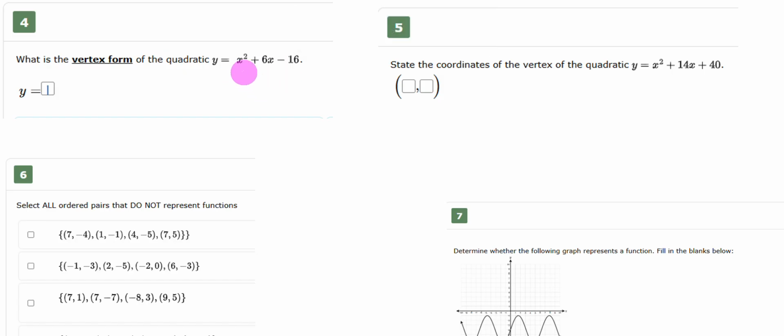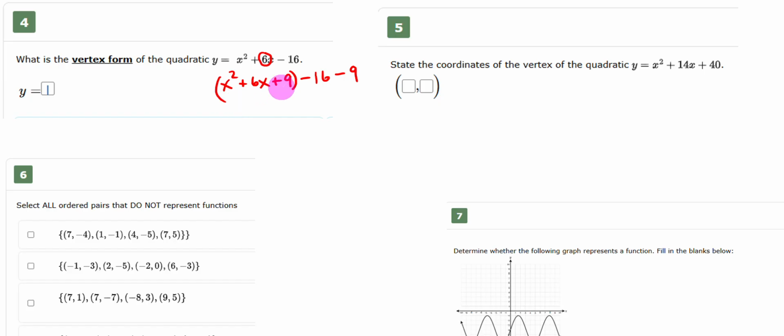Vertex form of this, we got to do completing the square. I'm going to take half of 6 and square it. So x squared plus 6x, half of it is 3. I'm going to square it, so plus 9. Then I have this minus 16, and then I have to subtract 9 because I added it.